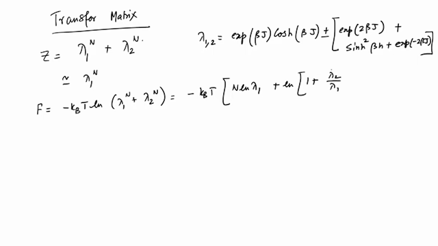I have kept both these things. So this is the expression for the free energy, and you can now neglect the second term because it is to the power n, and it's inside a log. So, we can simply write this as minus n kT ln lambda 1.